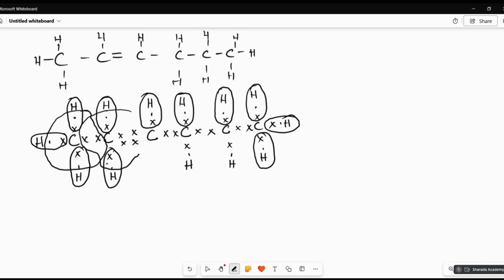One extra I have written here. This is not there. If I write, I have to write again. That portion is not there. Again, I have to erase this complete thing. I have to write. That's why I'm doing that.